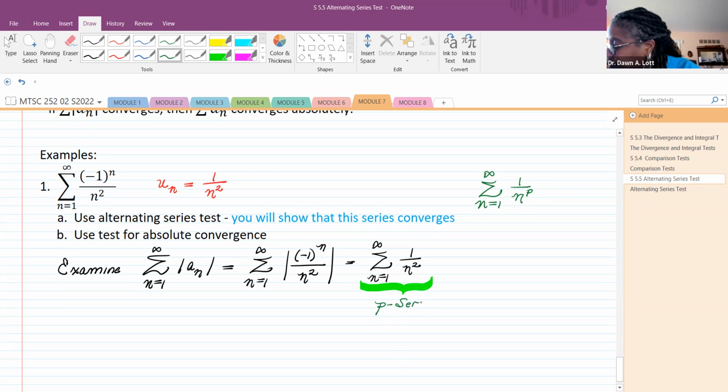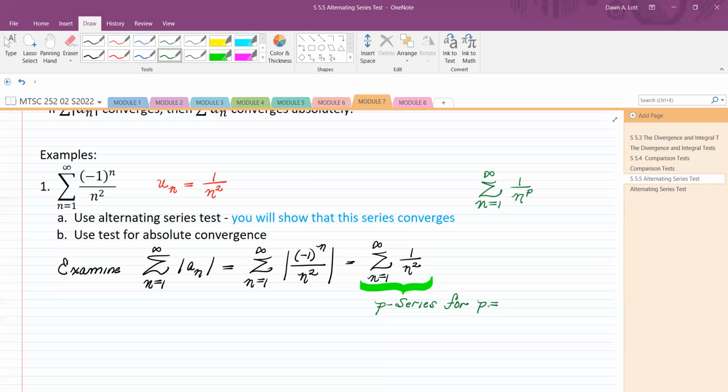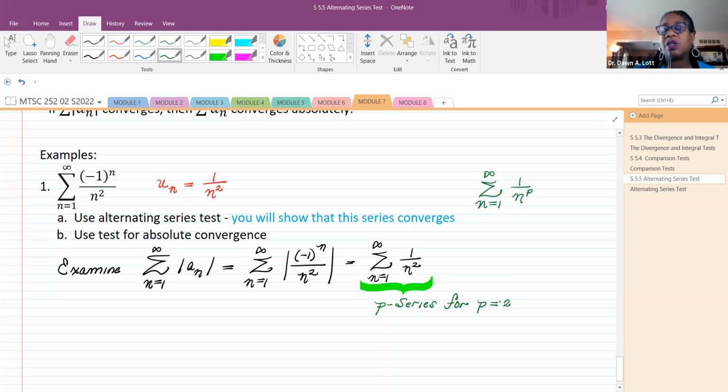What is P? P is equal to what? 2. And when does this series converge or diverge?